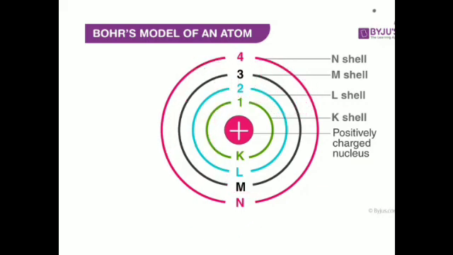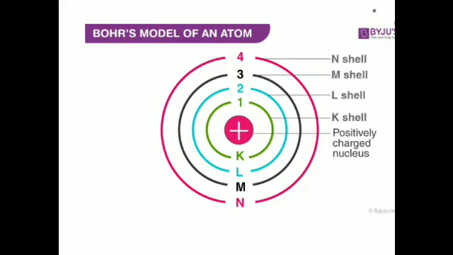Then I also told you the electrons revolve around the nucleus in well defined orbits, which are even known as the energy levels, that is the well defined paths which are known as the energy levels. Is that clear? Or orbits.